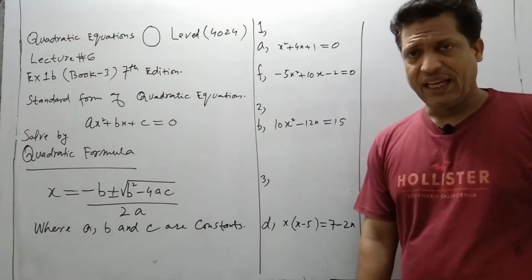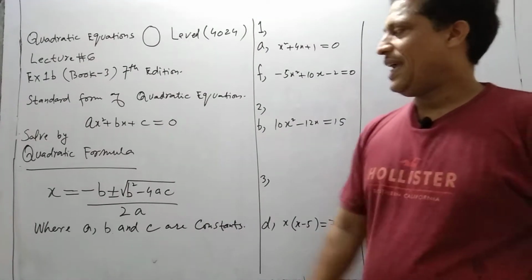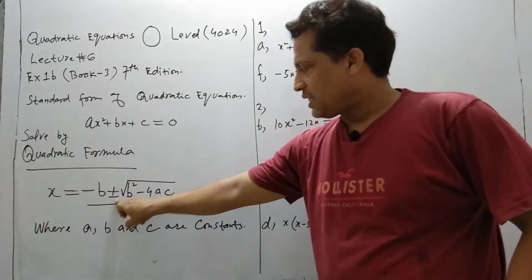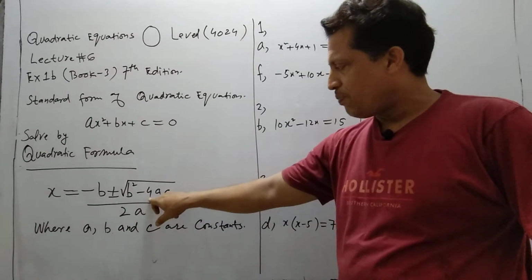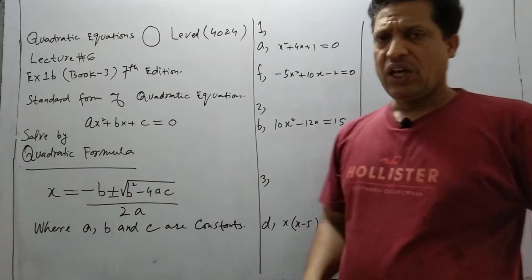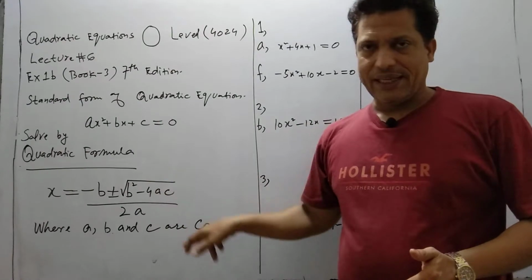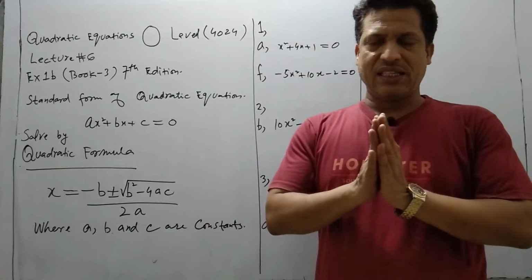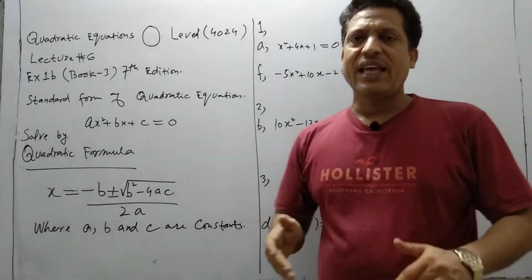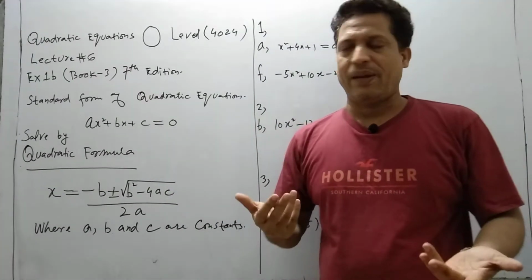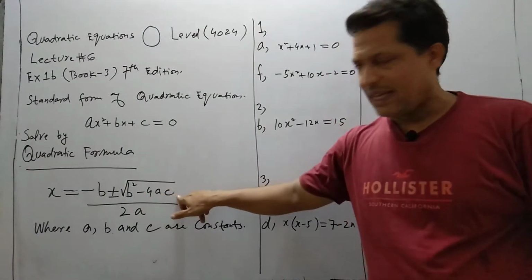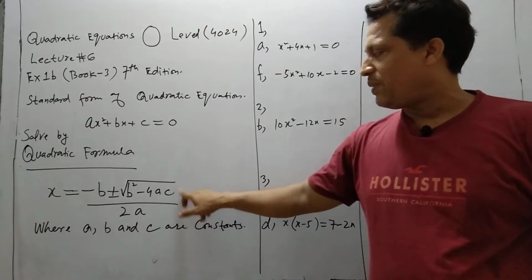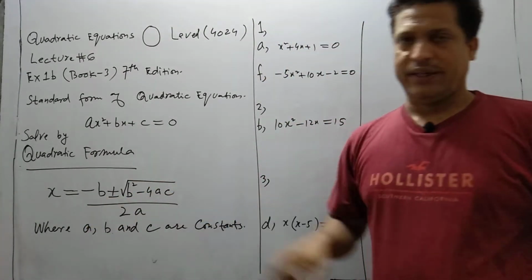I repeat again, the quadratic formula is x is equals to minus b plus minus square root of b square minus 4 multiplied by a multiplied by c. Actually, this is 4ac. If you don't see any sign plus or minus between the numbers, it means they are all multiplied. So in 4ac there is no sign, it means this is 4 multiplied by a multiplied by c, square root whole upon 2a.